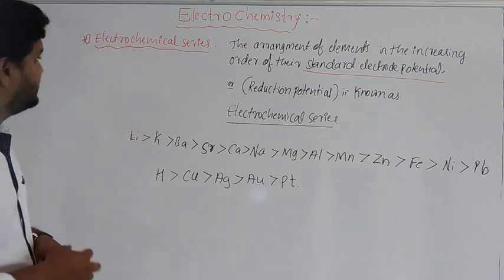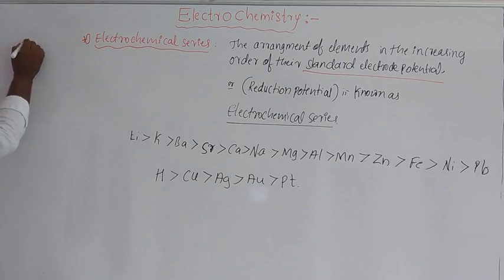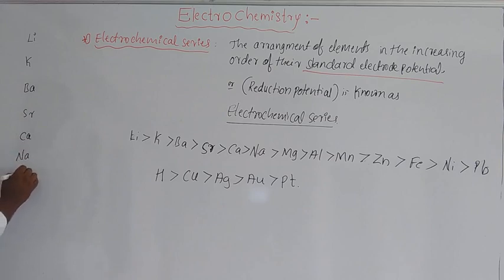Or simply you can remember it like this: lithium, potassium, barium, strontium, calcium, sodium, magnesium and aluminium. I'm going to skip some of the elements, then zinc and hydrogen, copper, Ag, Au, and the last one is platinum.